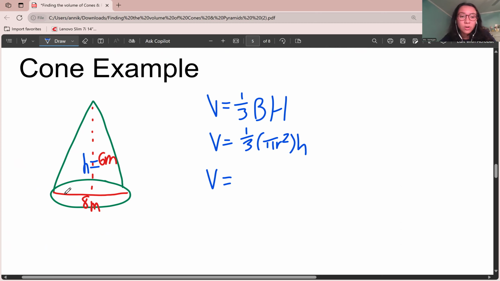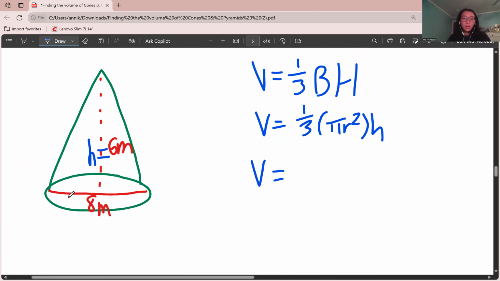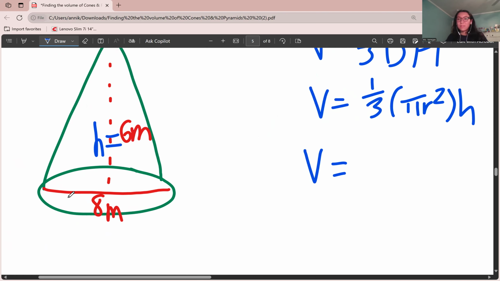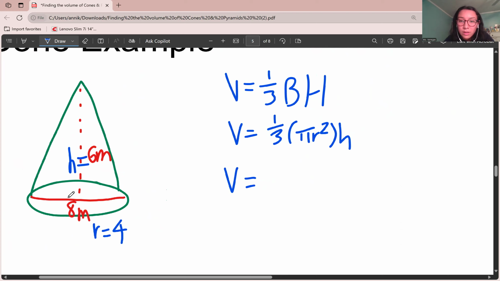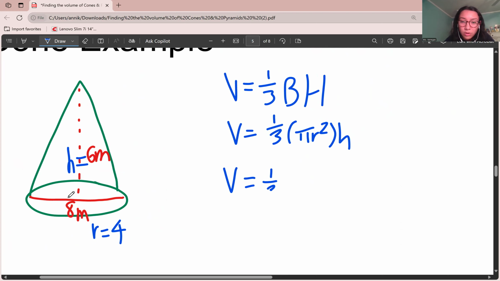Here it says 8 meters, and you might be deceived into thinking to use 8 meters, but you need to look at what they're giving you, and that's the diameter because it's measuring the entire distance. Radius cuts that in half, so our radius is actually going to be 4. Now let's go back to our formula. 1/3, and then what's 4 times 4?